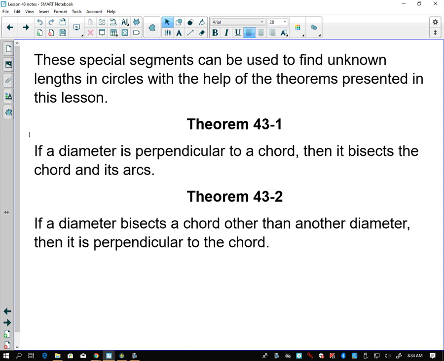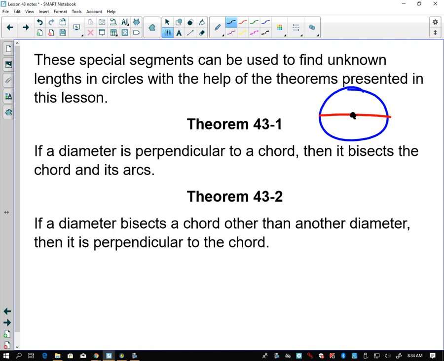Okay, so let's draw a picture here. Let's say here's a diameter, and there's the center. If a diameter is perpendicular to a chord, so I've drawn this diameter horizontally, a horizontal line is always going to be perpendicular to a vertical line, so I'm going to draw it like that.